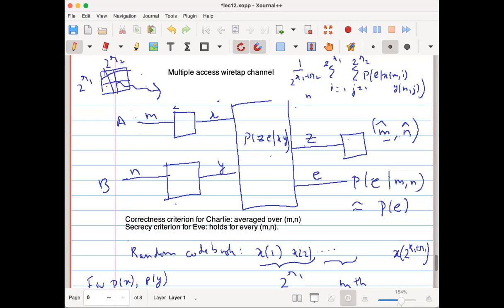So if you look at another pair I prime, J prime, the probability distribution of E conditioned on (I, J) and the probability distribution of E conditioned on (I prime, J prime) are independent if I prime, J prime is different from I, J in both coordinates. But if I equals I prime and J is different from J prime, then they are not independent.